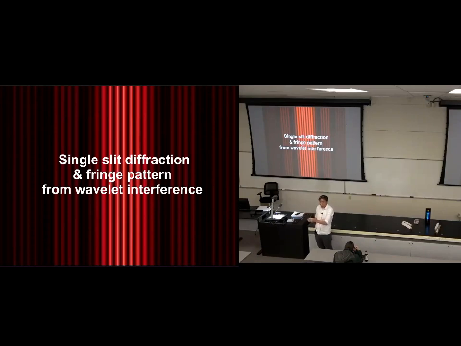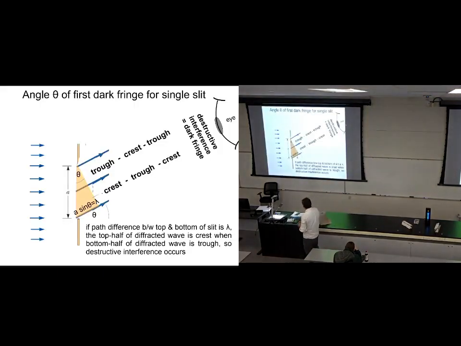Shine that red light onto that single thin slit, and the emerging light is diffracted. All the wavelets of emerging light are interfering constructively and destructively with one another, and it produces a fringe pattern where the bright fringes are the constructive interference, and the dark fringes are the destructive interference. And so that's what this picture is. Okay.